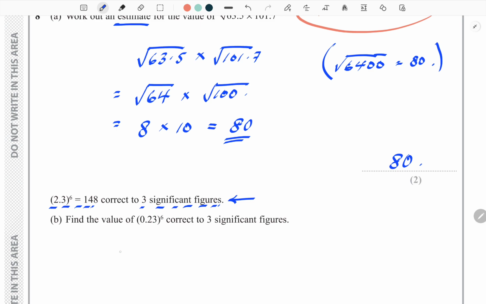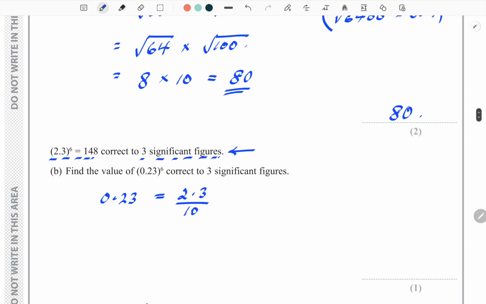All right. So we need to express 0.23 as some form of a multiple or an adjustment of 2.3. So that actually equals 2.3 divided by 10. So therefore, 0.23 to the power 6 is the same as 2.3 over 10 all to the power 6.